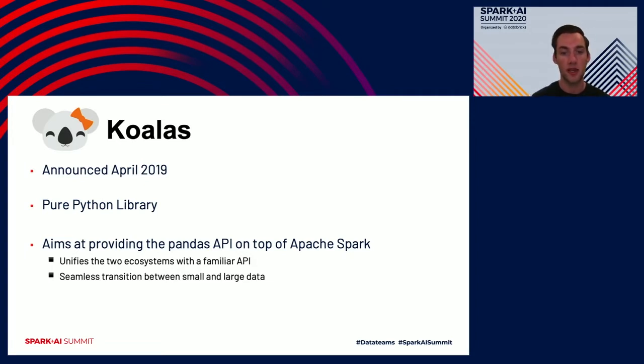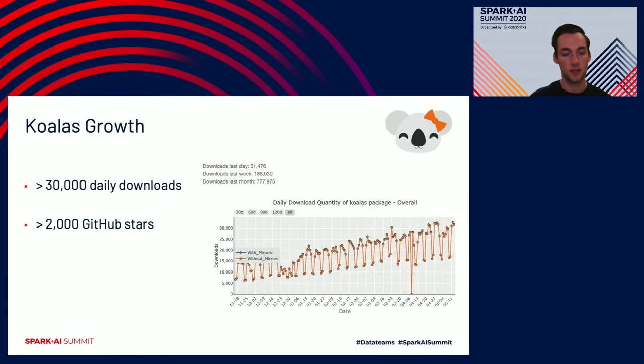The core aim of the project is to provide the Pandas API on top of Spark, giving users the scalability you would get inherently from Spark, but with the familiarity of Pandas. In terms of growth, Koalas has gained significant traction since its release last year, having recently passed over 30,000 daily downloads. And the GitHub project actually has over 2,000 GitHub stars right now.